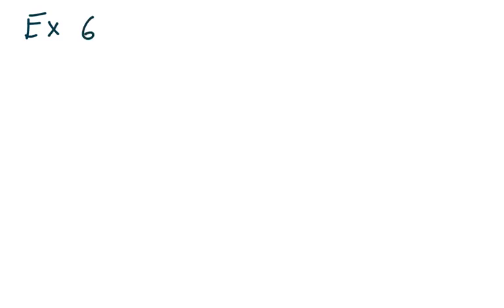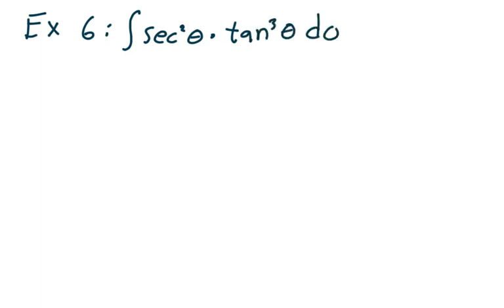Example 6. Well, we can come over here. They have lots of problems. So suppose I give you this one: the integral of secant squared theta times tangent cubed theta d theta.